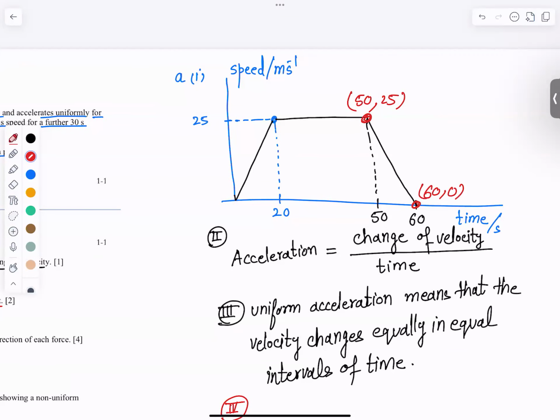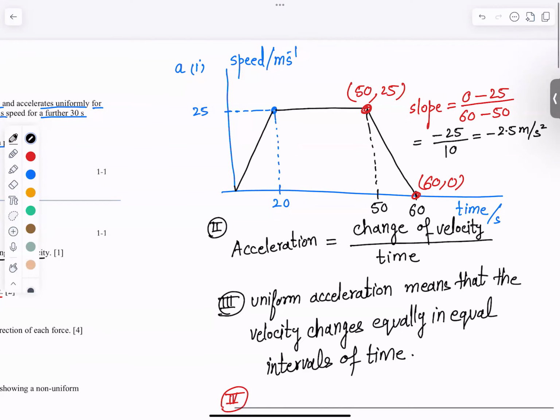So the slope will be 0 minus 25 over 60 minus 50. So it will become minus 25 over 10, which is minus 2.5 meters per second squared.